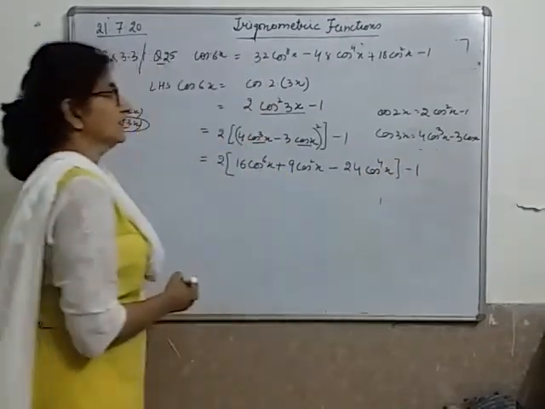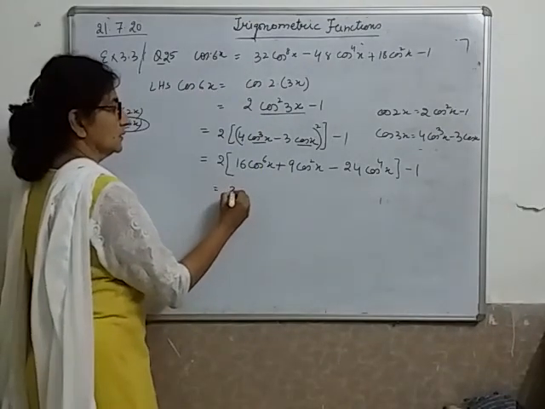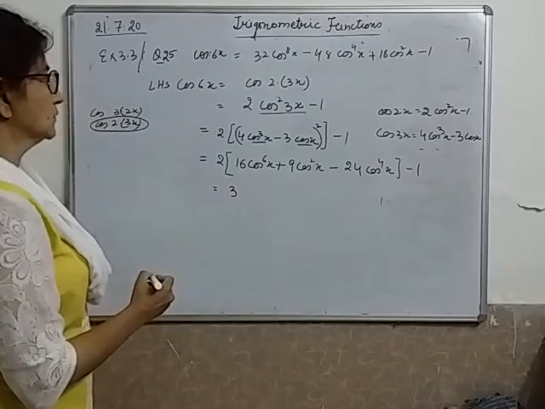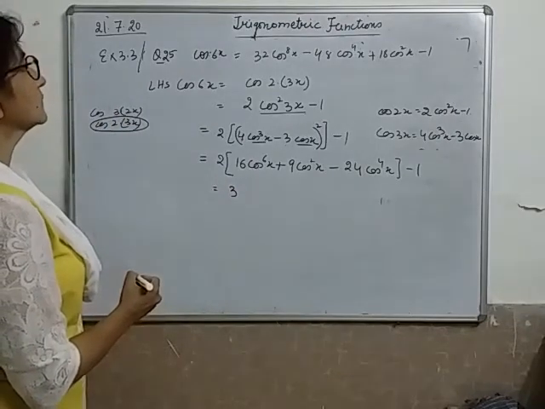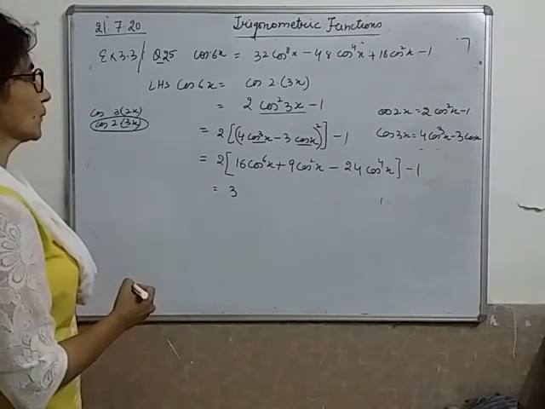I hope you get it, right? Now you open the bracket, multiplied by 2, 32, that is okay.